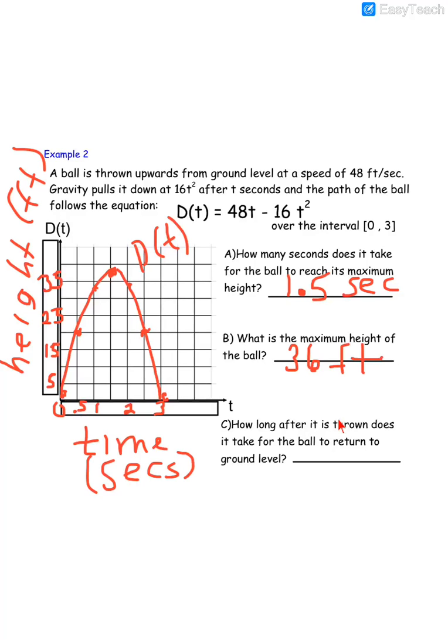So it goes up and then it comes down and it hits the ground here. So this is my ground right here. The ground is right over here. So that's going to be 3 seconds. All right, let's try the next question.